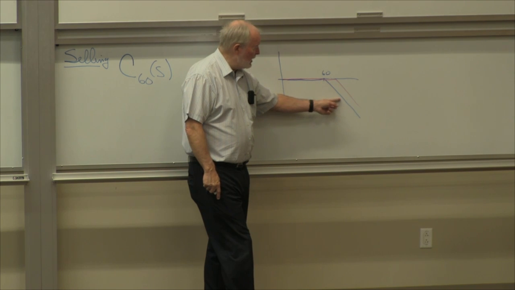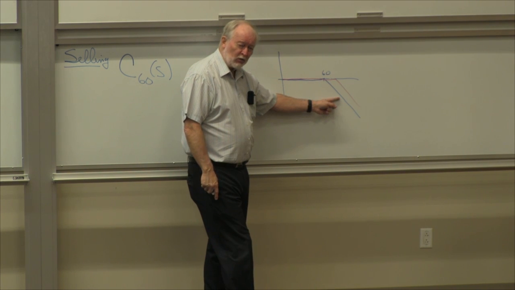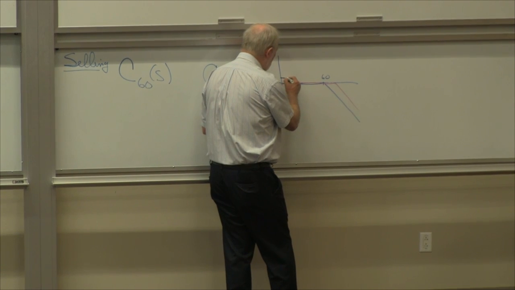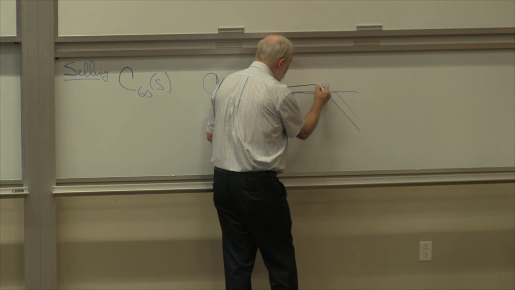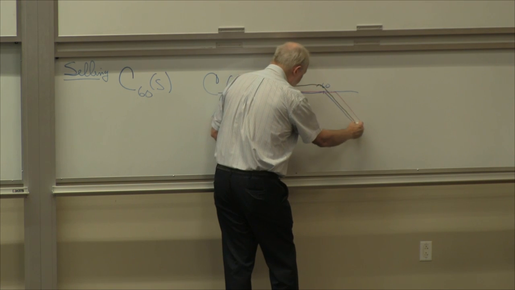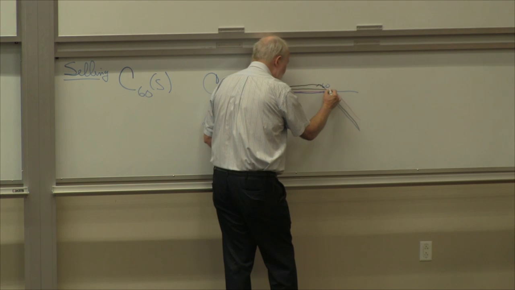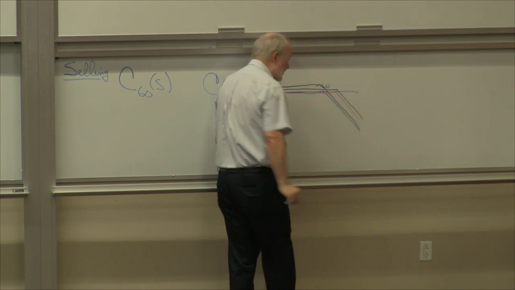And since I'm going to start losing money, I'm going to charge more for it, because I'm obligating myself at an earlier stage. So I would like to charge more, so that my curve will look like this. Here, I will charge a little bit less, so my curve looks like that.